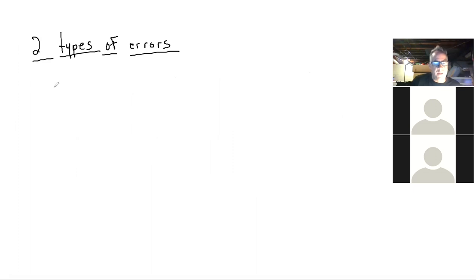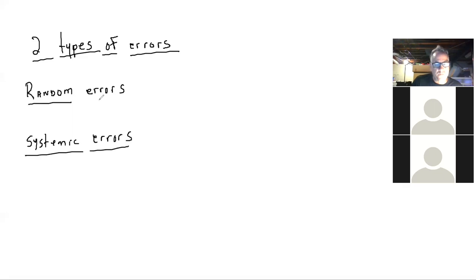There's basically random errors, and there's systemic errors. And honestly, to me, I think it's right in the term name what the difference is going to be.